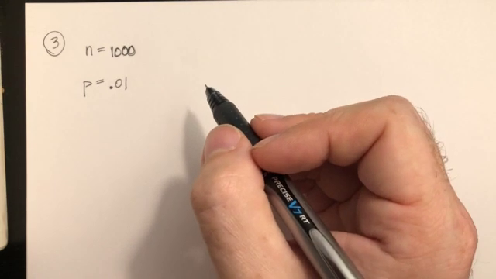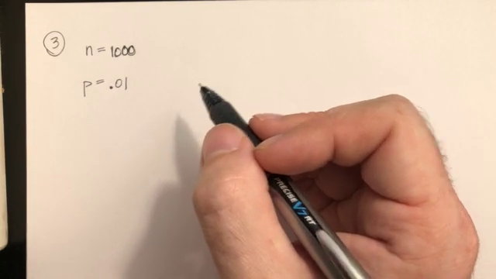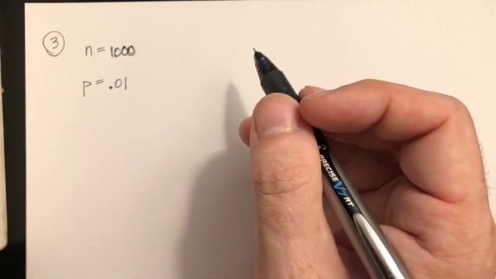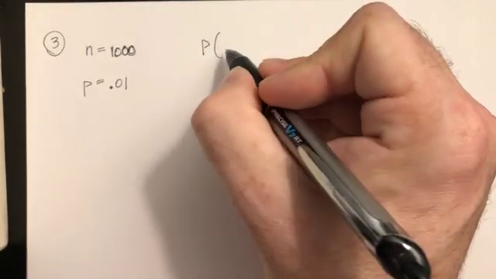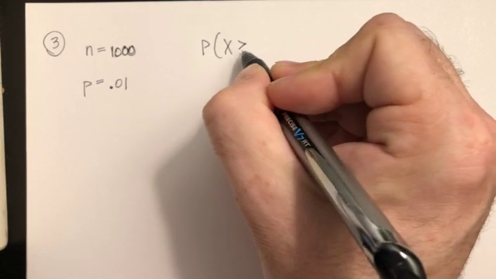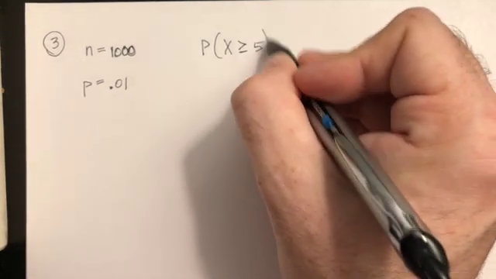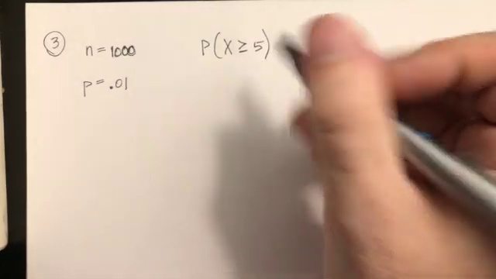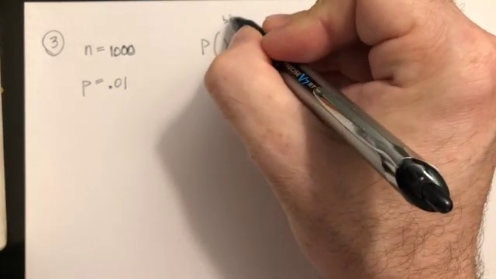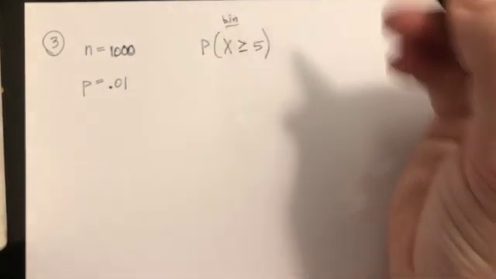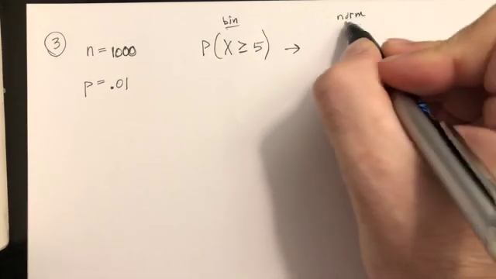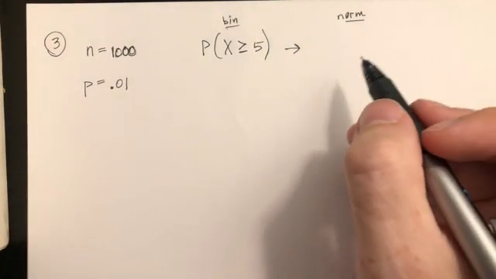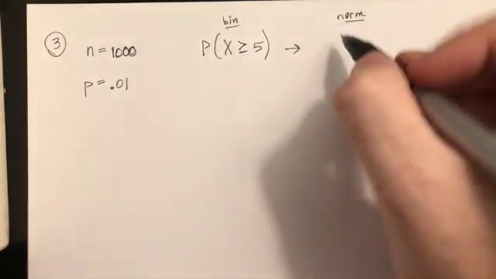Okay? And then it asks us, find the probability of getting 5 or more sales per 1,000 telephone calls. So the probability is x is greater than or equal to 5 for binomial. This is the binomial one. So if I want to change it to norm, then I need to include this 5.